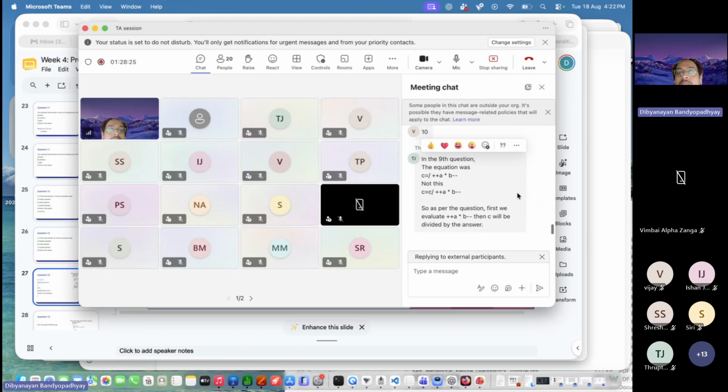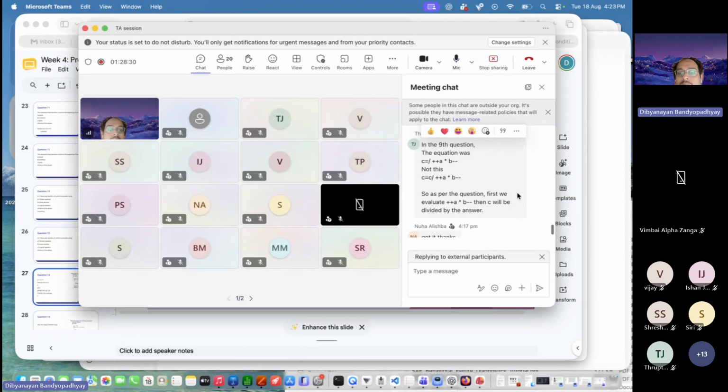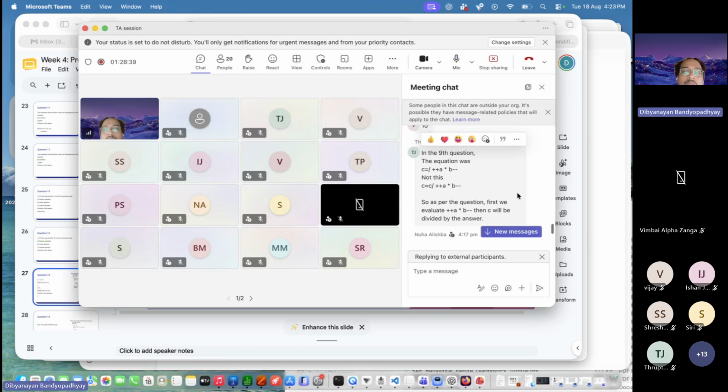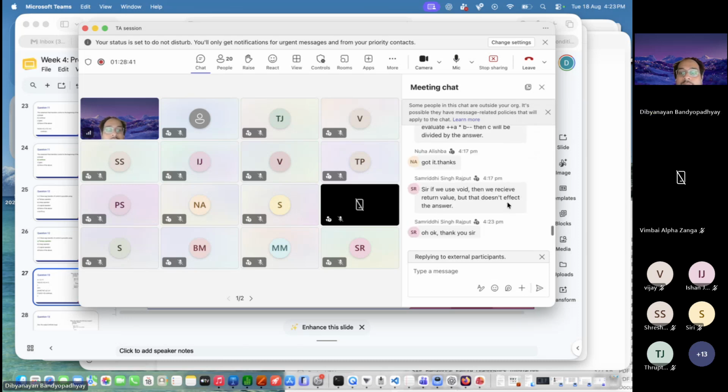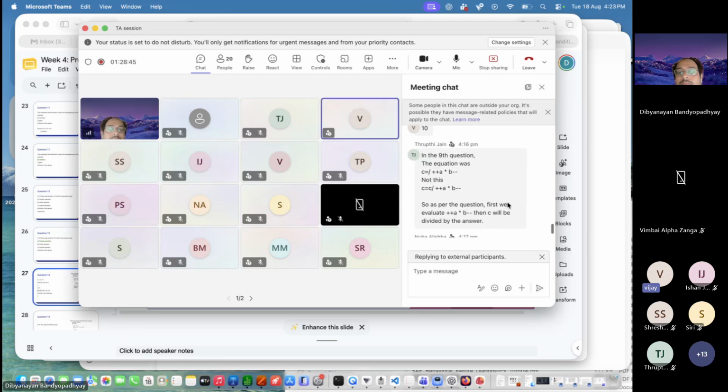In the ninth question, the equation was c divided by something. As per the equation, first you evaluate, then c will be divided by the answer. I don't understand. Sir, it was the assignment operator, like plus equal to, minus equal to, that type of operator.